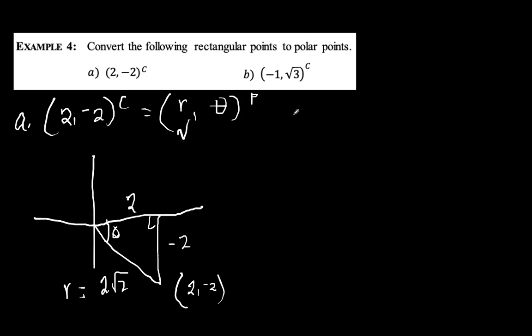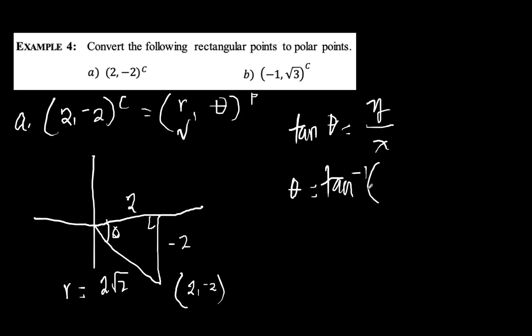So for us to identify the theta, again, we can make use of the tangent. Tangent of theta is equal to y over x, and theta is equal to the inverse tangent. Our y is negative 2 and our x is equal to 2, which is equal to inverse tan of negative 1.